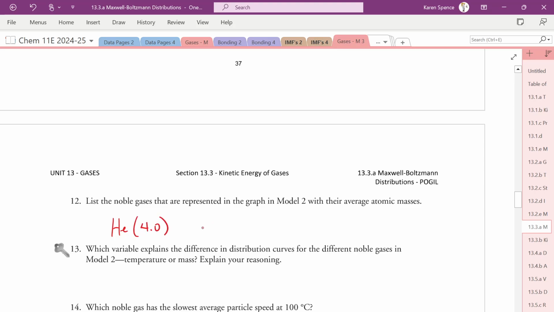Helium 4.0, neon 20.2, argon 39.9, krypton 83.0, and xenon 131.3.